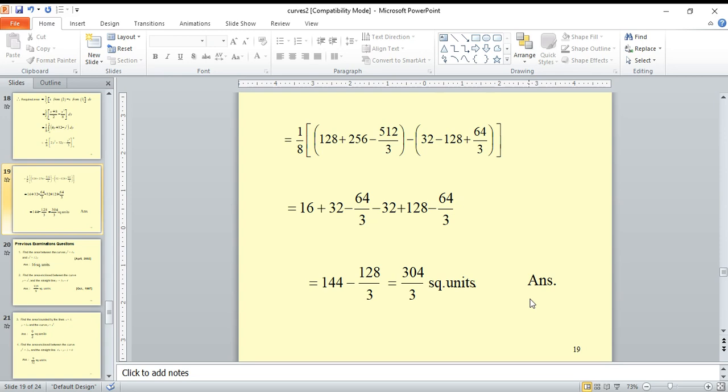Simplify this. 64 by 3, 64 by 3. Divide the equation with the 8.